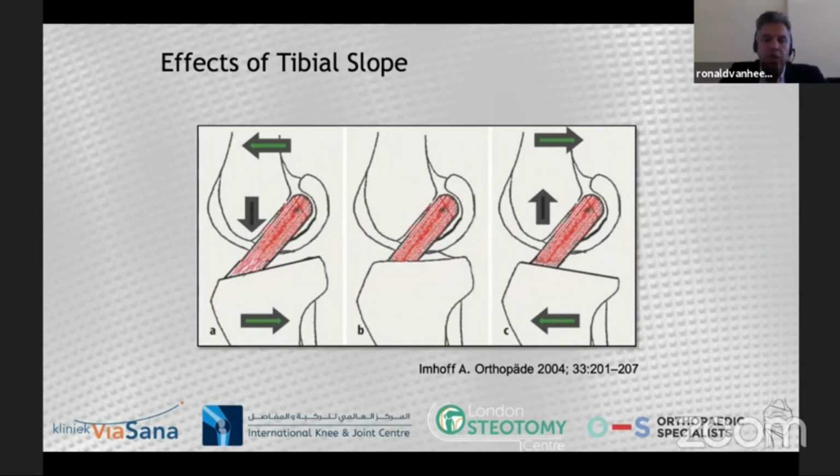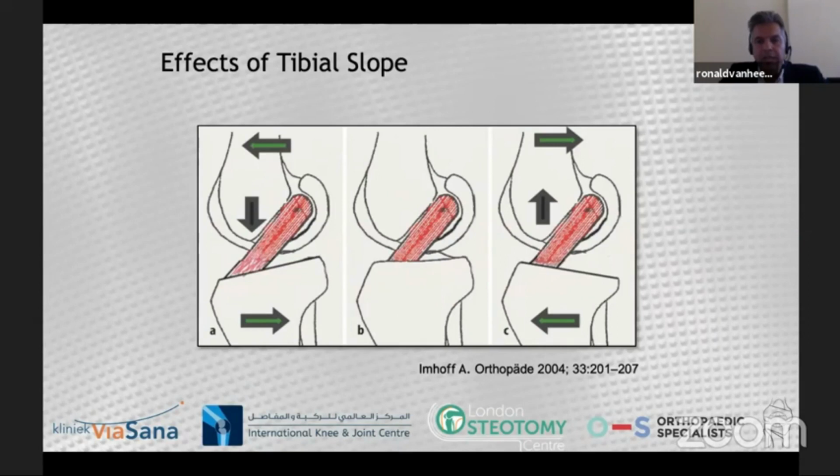If you have a high slope, your ACL is in danger, very much in danger. You have a much higher chance of rupturing your ACL. Now think of a high slope like that on the right-sided figure in the bone, and then that you want to do an ACL reconstruction.